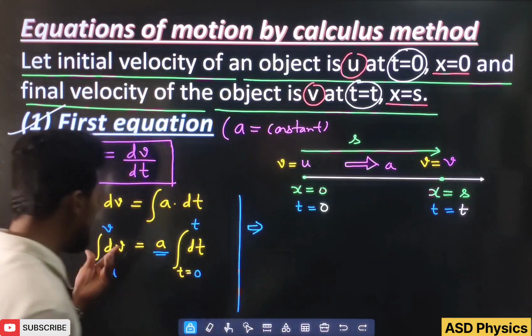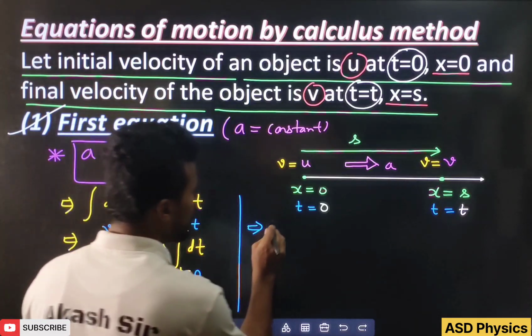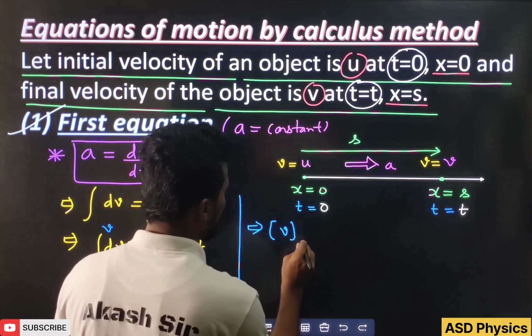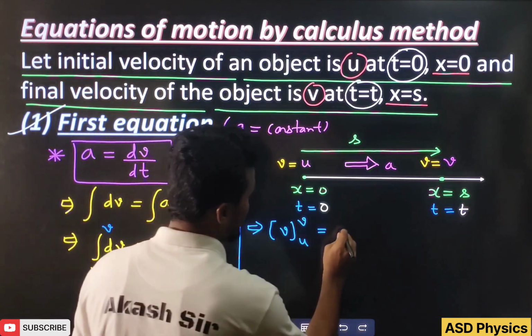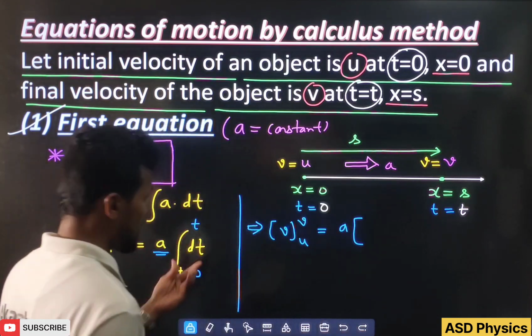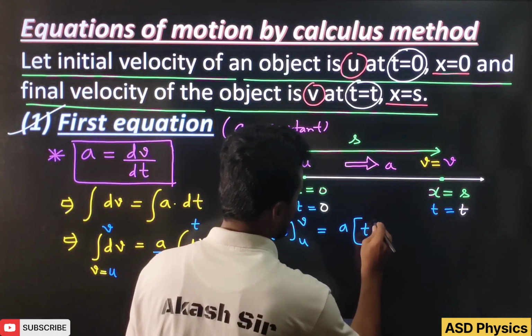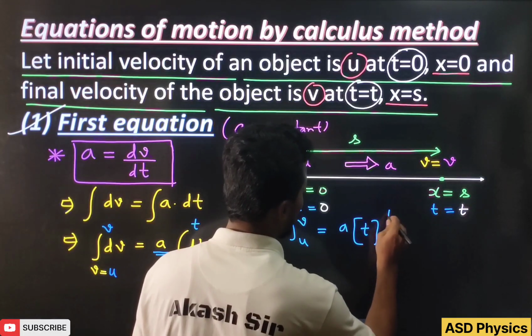Now we'll go ahead. The integration of dv means v, with lower limit u and upper limit v. And a times the integration of dt means t, with lower limit 0 and upper limit t.